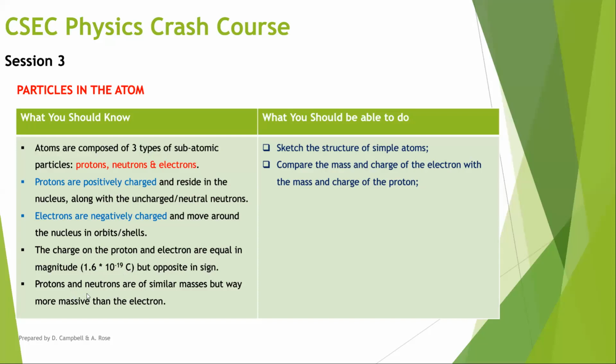Now, protons and neutrons have similar masses, but they are far more massive than the electron. So further down, we look at the relative masses, and we'll see that the proton and neutron are very heavy compared to the electron.